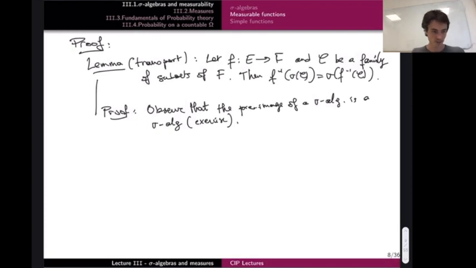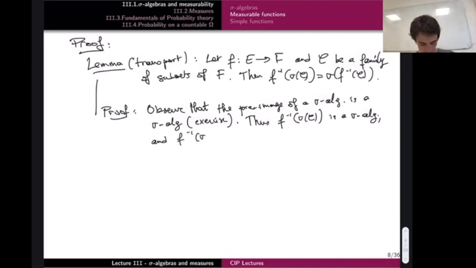But knowing that, it follows that f minus 1 of sigma of C is a sigma algebra. And observe also that f minus 1 of sigma of C contains f minus 1 of C.